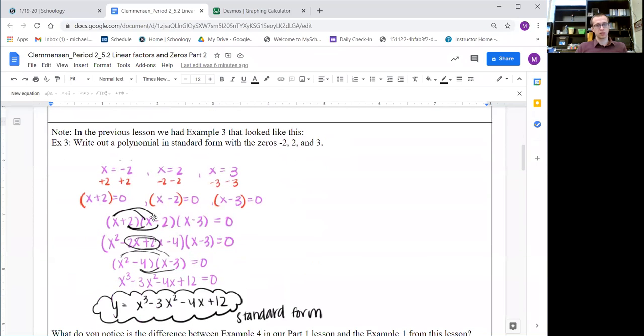What two did we multiply together first here, and what happened? What do you notice as we multiplied these two together? What happened to my final answer down here?